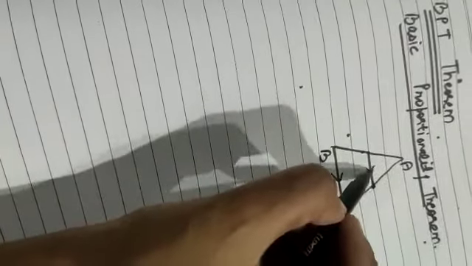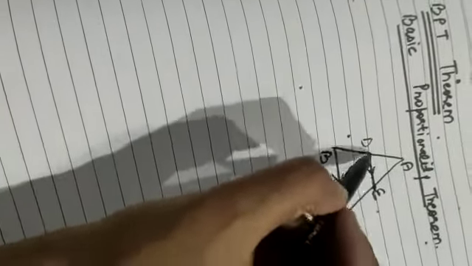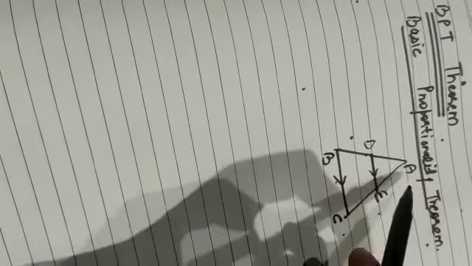Means this line DE is drawn parallel to the side BC, and this line DE divides these two sides in proportion, like AD upon DB equals AE upon EC. This we have to prove.